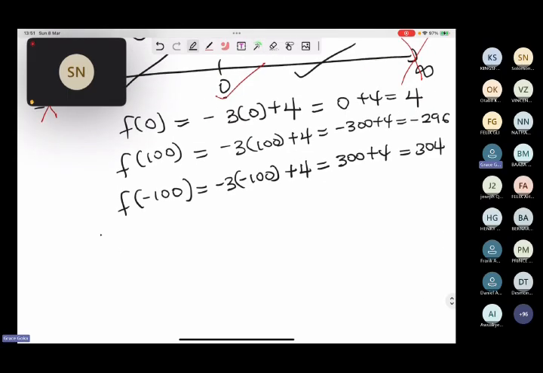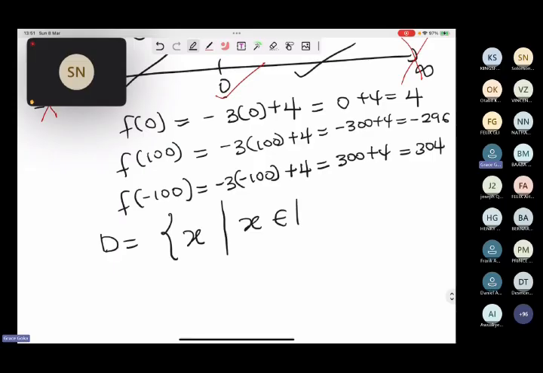And so the domain of our function, D, which of the variables are we looking for? X. So the domain is the set of all x's such that x must be a member of all real numbers. Any questions so far?